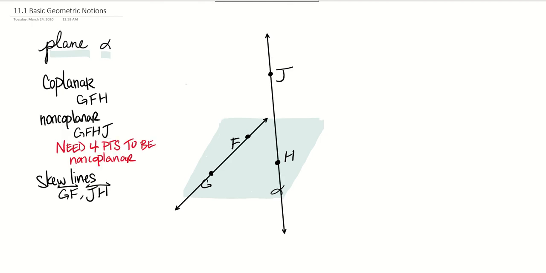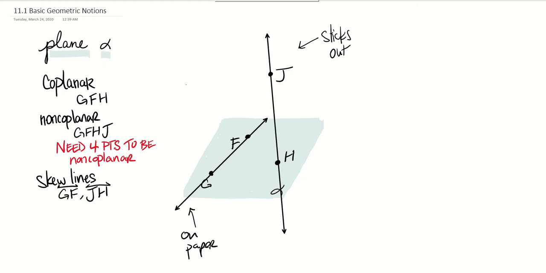All right, next we're talking about skew lines. If you'll notice, line GF and line JH do not intersect with each other. Imagine JH is sticking out of a piece of paper, and GF is drawn on that piece of paper. So those 2 don't actually hit each other. Again, this line right here is sticking out of the paper, and this line right here is drawn on the paper.